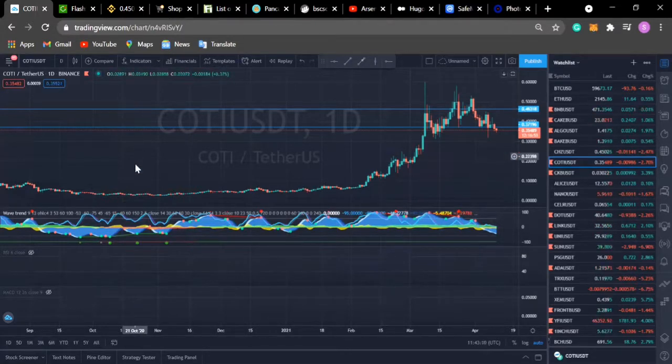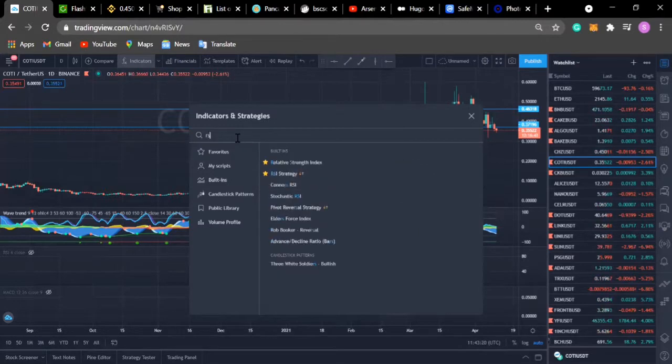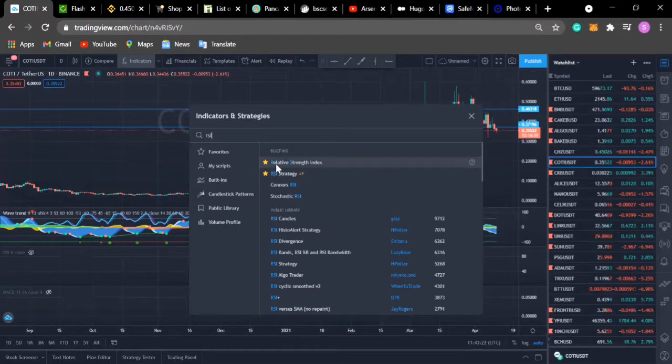The next one is your RSI, which is your relative strength index. Just type RSI. Not the strategy, just this RSI.